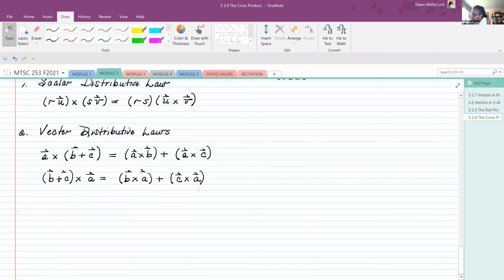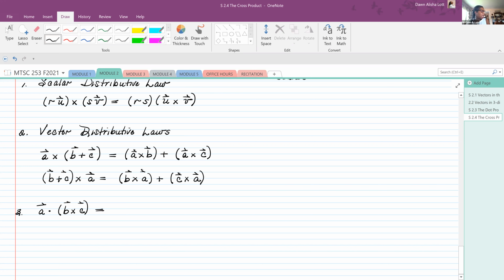The third rule, I'm not sure what the name is. I think it is another distributive property, A, dotted with now B cross C. Now this should make you think, because now I have a vector dotted with a vector, so the result should be a scalar.